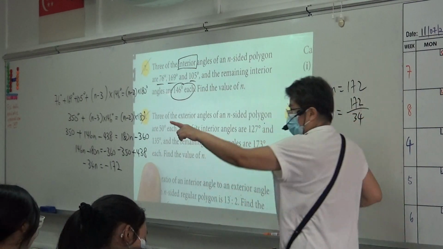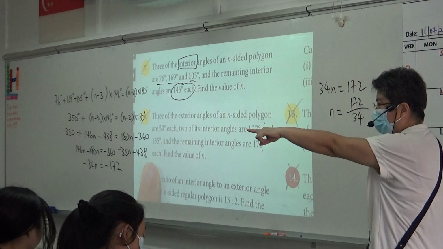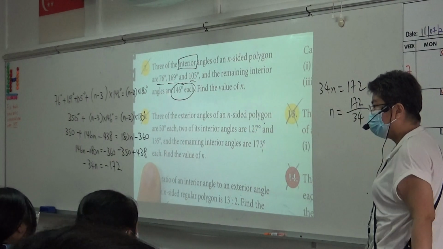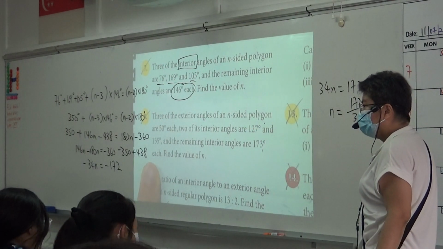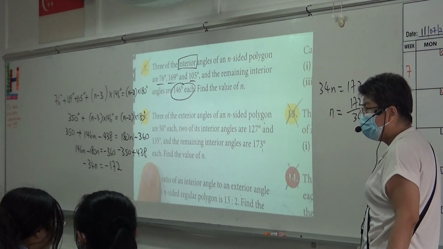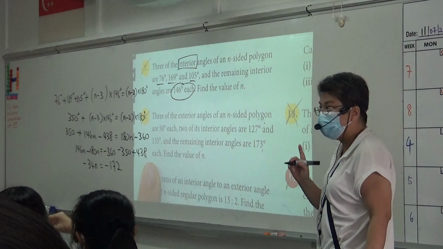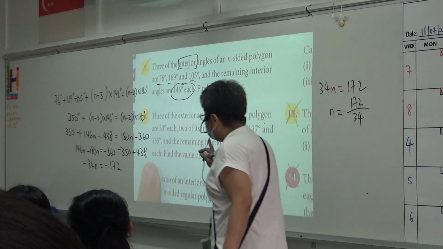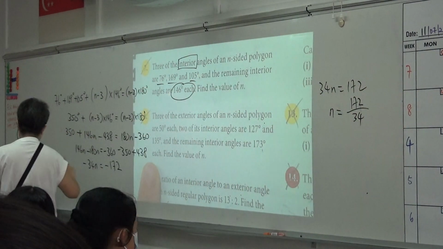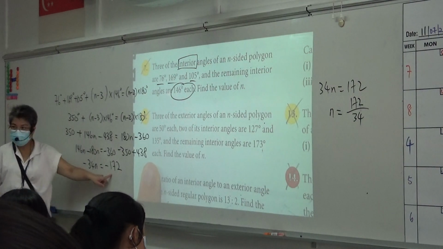172 divided by 34. Calculator? 86 plus. There is a mistake in the calculation if there's a fraction. All of you check. This is 172.